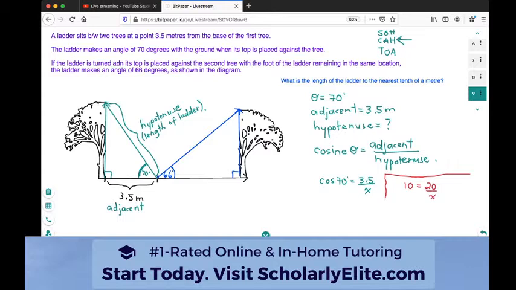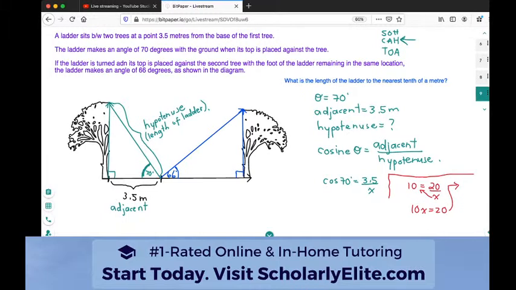Obviously, these are not the numbers that we're using for our problem, but it's going to help us determine how to use this. So in algebra, the way that I would solve this is I would first multiply up the x. So that would become 10x equals 20. And then in the next step, let me actually make this wider.